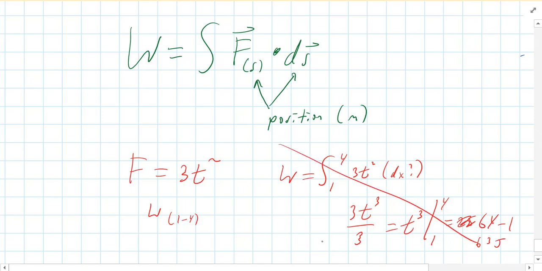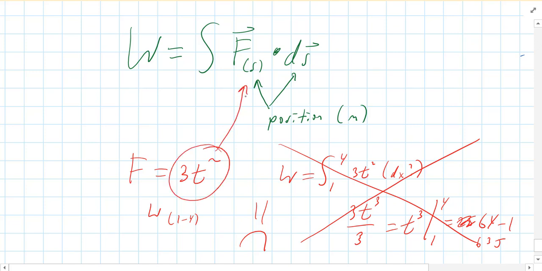And that would be wrong. That would be a big frowny face. Don't do that, because your force in this case was not a function of position. It wasn't a function of distance in any way. It was a function of time. Now, it turns out the integral of F dot dt is something else, but it's not work.